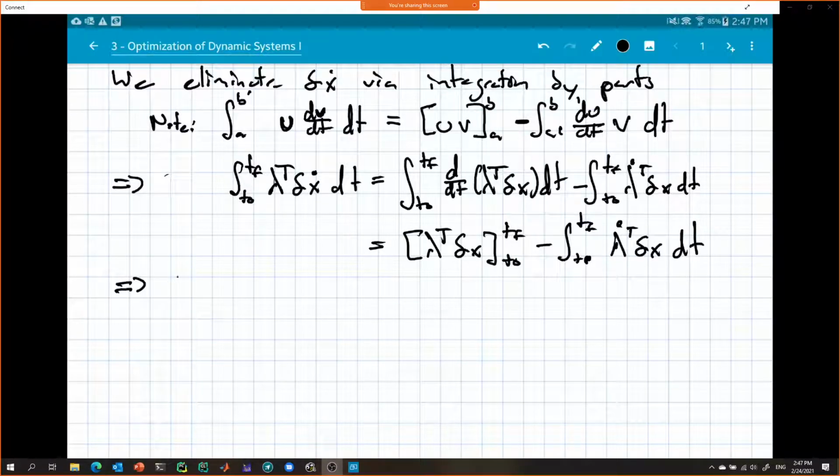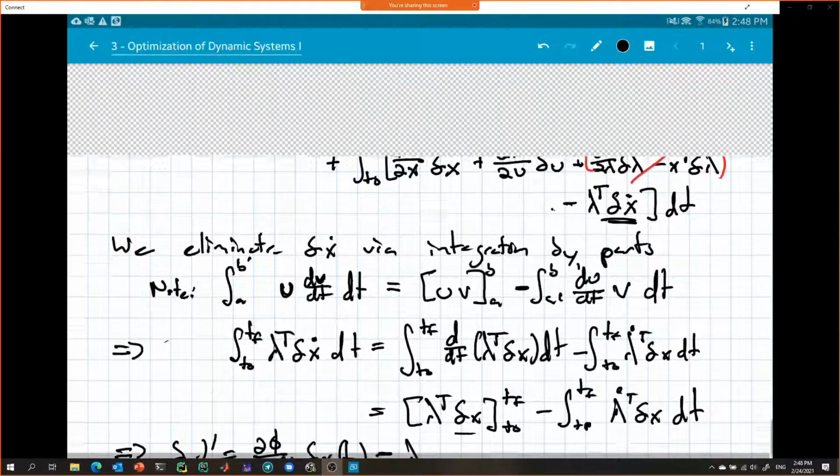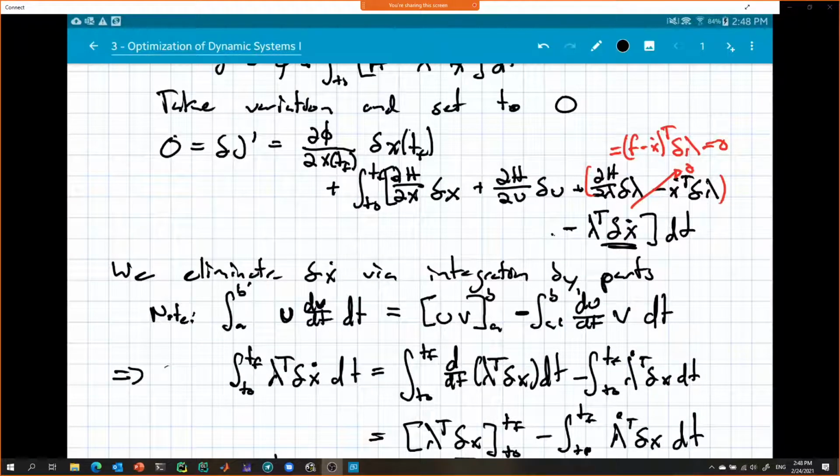Okay, so we plug that into the variation in J prime. So we have the kind of terminal cost term. And when this thing is evaluated, and if we go up here, see how there's a negative here, so the sign is going to switch everywhere.